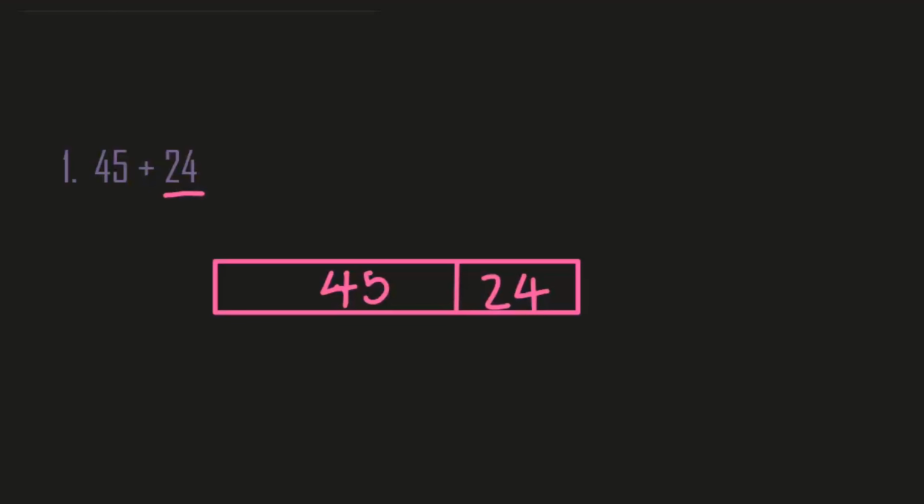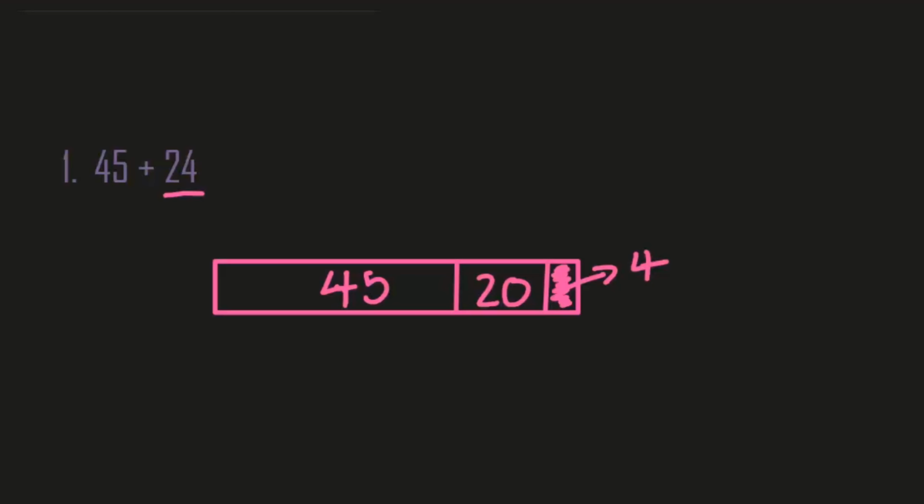What we're doing here is dividing this 24 into two different pieces. This is what the edited version of this 24 would look like. This part would be our 20, and this part would be a 4. Let me just color that so we know that.